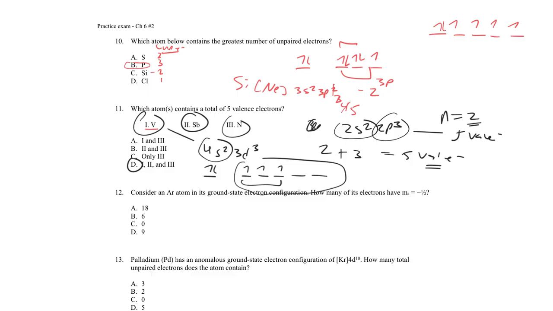Now, if we wanted to come up with a configuration for antimony, it would be a krypton configuration followed by a 5s2. We're filling into the 4d with all 10, and then coming back to the 5p for 3. I want to make sure we see why 5p3 and not some other number: we're just filling in accordingly.